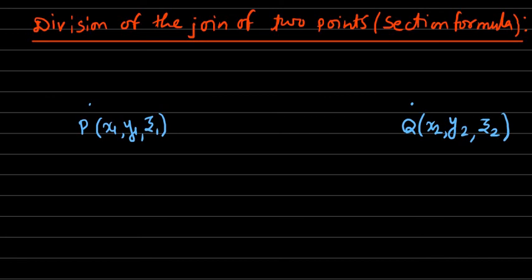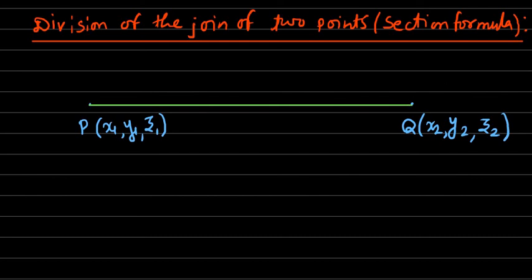Let us suppose that P and Q are the 2 points in the space having their coordinates as mentioned here. Then let us consider the segment PQ.